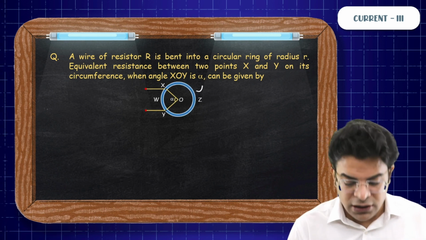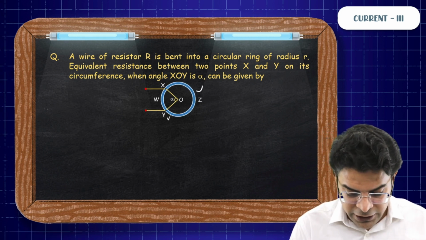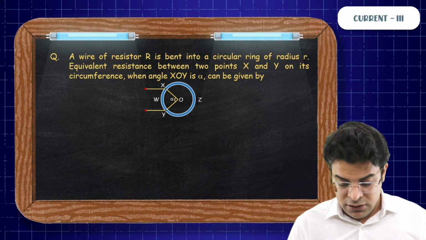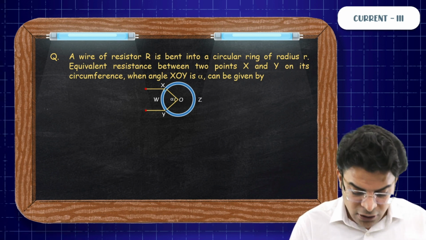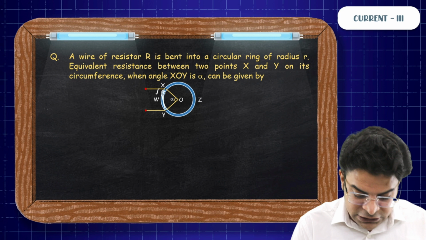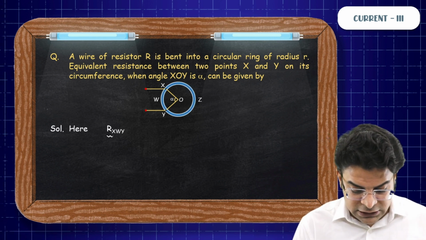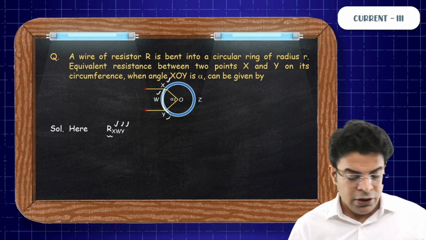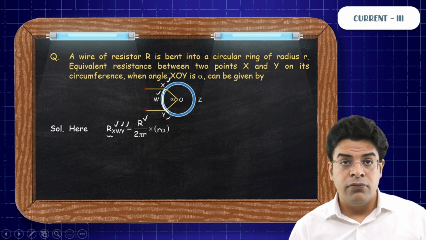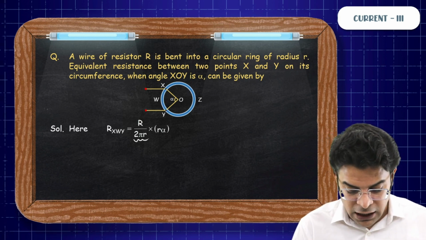So visualize the ring. Think of the points X and Y. The angle subtended is alpha. Think of the resistance of this part as W and this whole part's resistance as Z. So you will say resistance of XWY, this part, will be equal to R upon 2 pi R into R alpha.